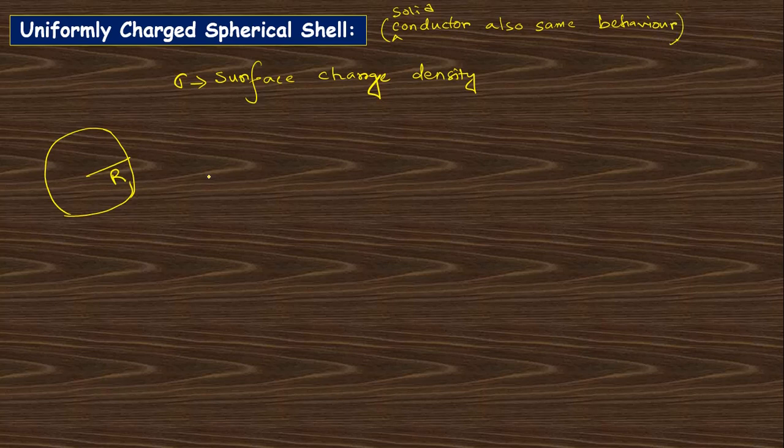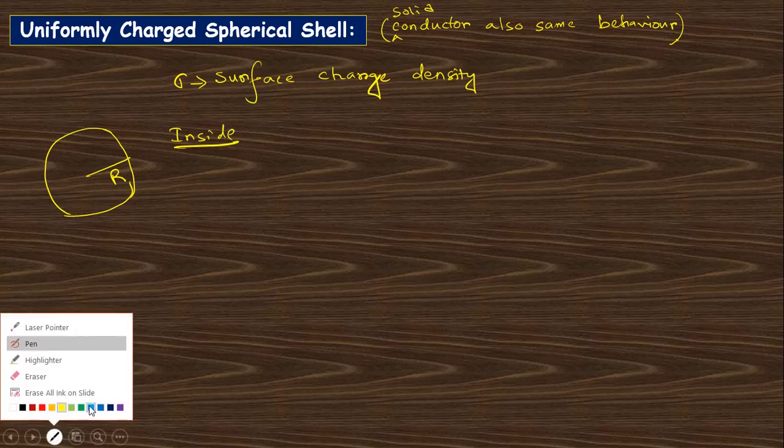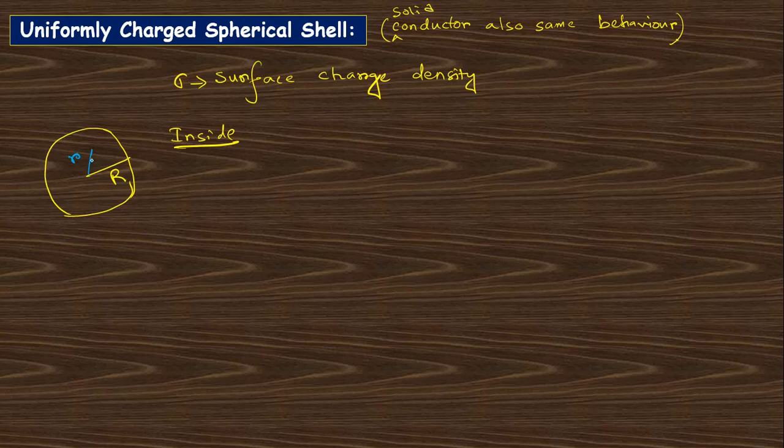Clear? In the case of inside, if you take a certain smaller distance and take this as a Gaussian surface, so for inside, that is r less than capital R, E dot ds is nothing but q enclosed by epsilon naught.